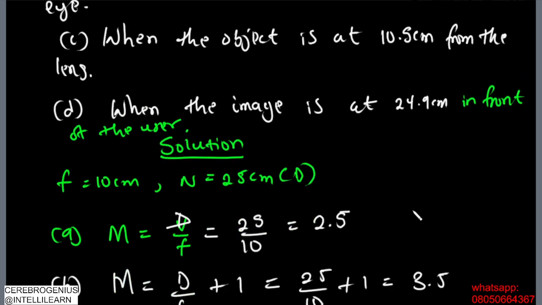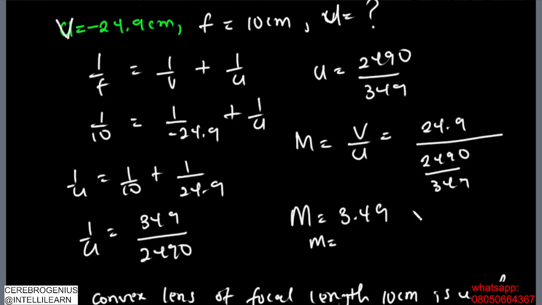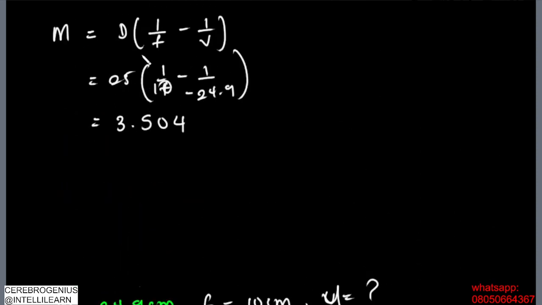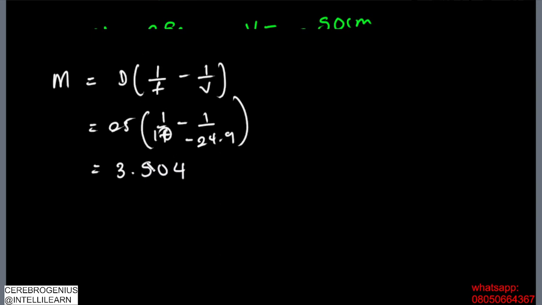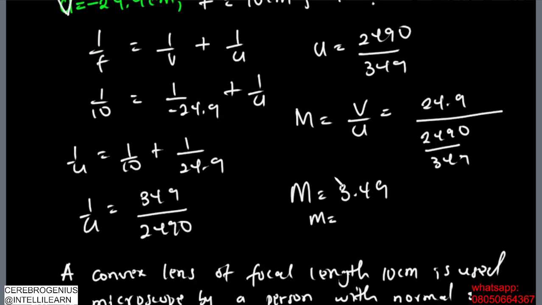So automatically it means this object can never be at this distance and still function as a microscope. It can't be at 24.9 and still function as a microscope, because when we use the equation of microscope for it, we got a magnification that is greater than the normal magnification. So the reason we got the answer here as 3.49 is because we did it as if it is not a microscope, which it is not.